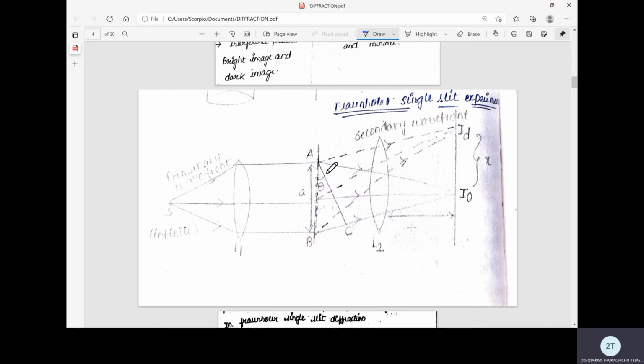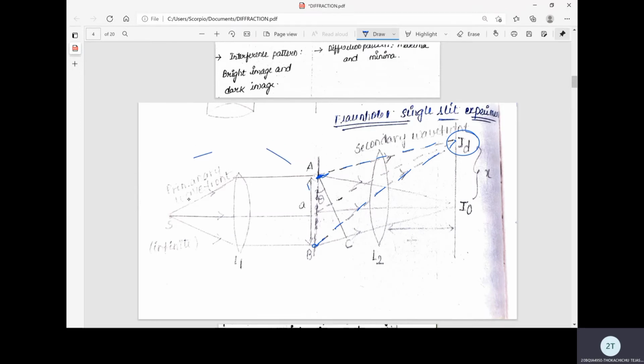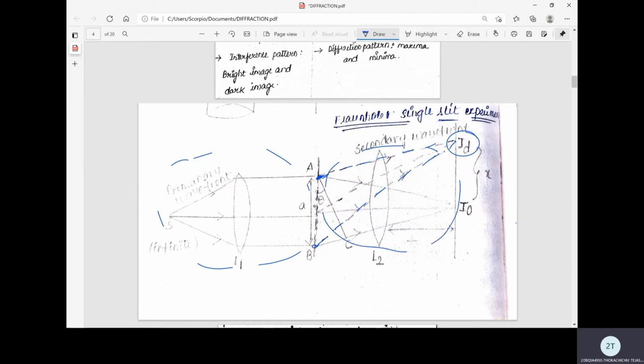But due to the edges of the slit, at A and B, the light hits these edges and undergoes diffraction, that is, it gets bent and forms another image ID, which is our diffraction image. Also, note that before passing through the slit, this whole part is considered light rays representing the primary wavefront, and the part after passing through the slit represents the secondary wavefront.